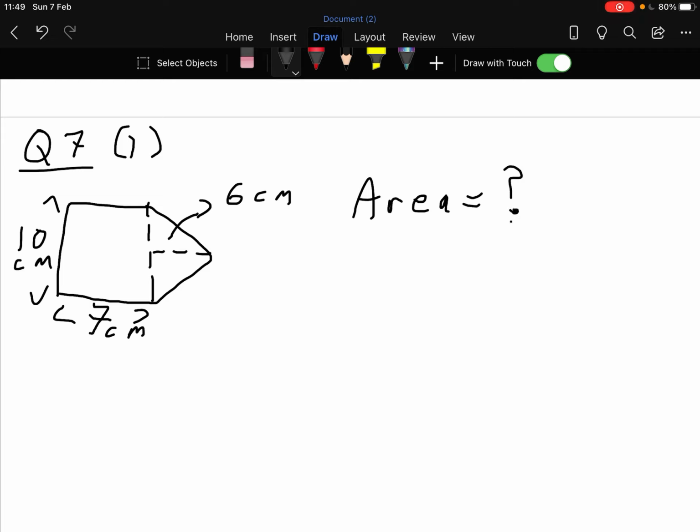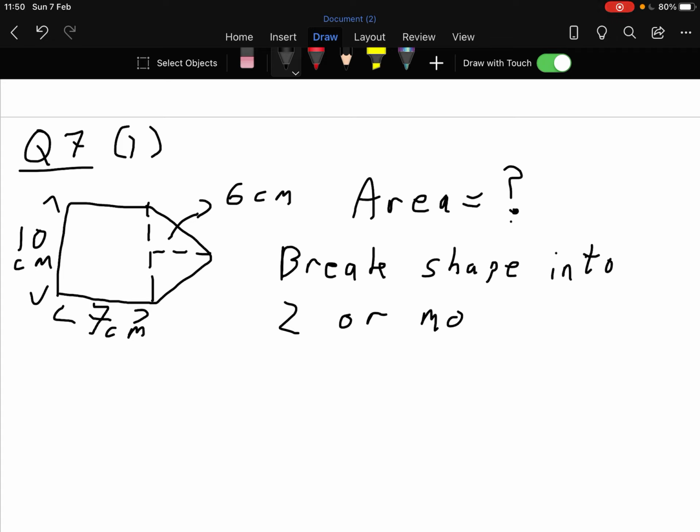Okay, so what shape is that? Well, it's not a square, it's not a rectangle, it's not a circle, so what is it? Okay, so what you have to do for something like this is break it up. Break the shape into 2 or more smaller shapes, because there could be more than 2.